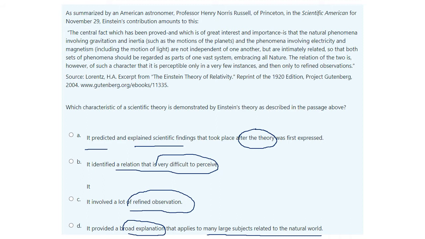So these two things are joined together, so that both sets of phenomena should be regarded as parts of one vast system, embracing all of nature.